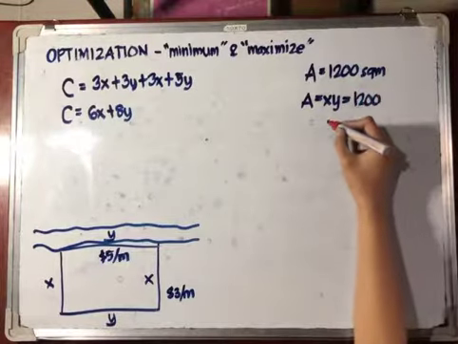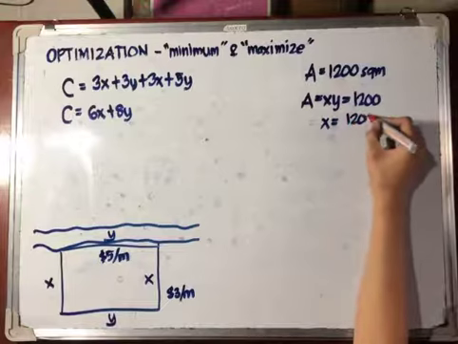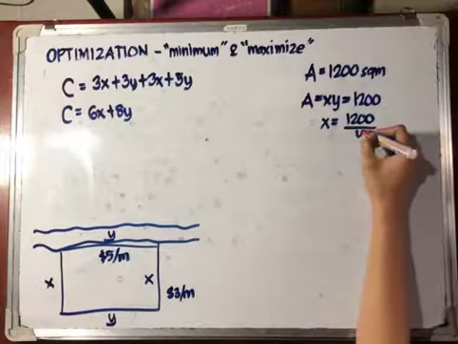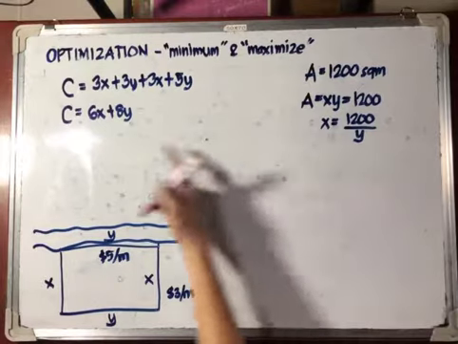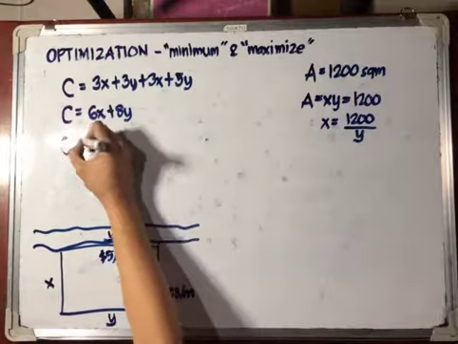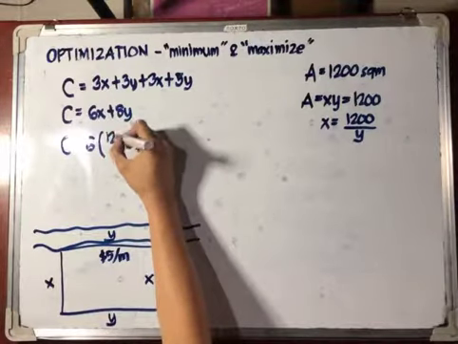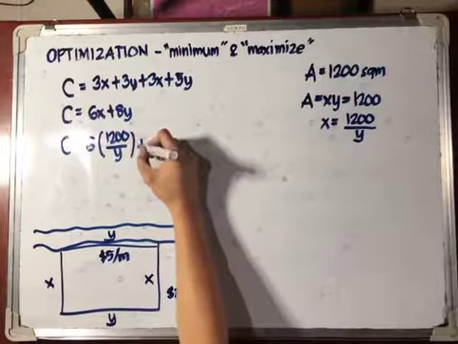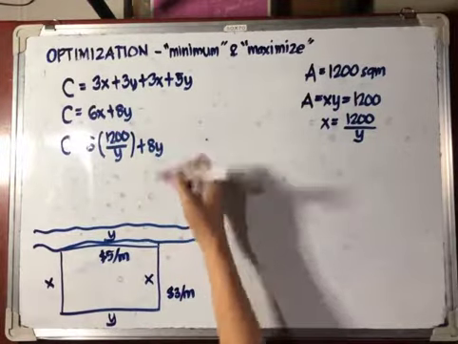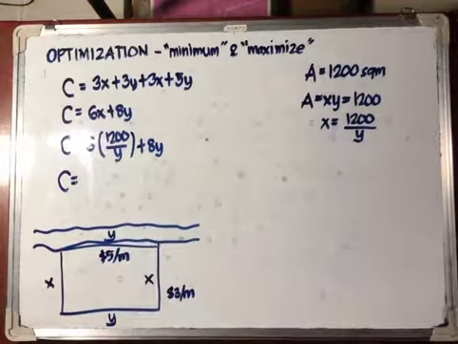So that means your x is 1,200 divided by y. Let's put this in our cost equation. This would be 6 times 1,200 over y plus 8y.